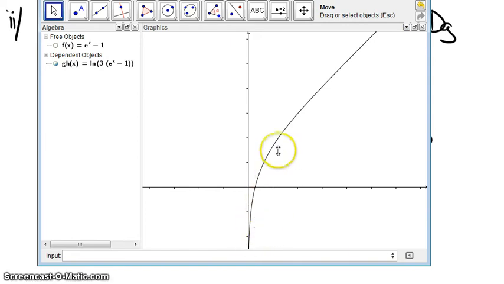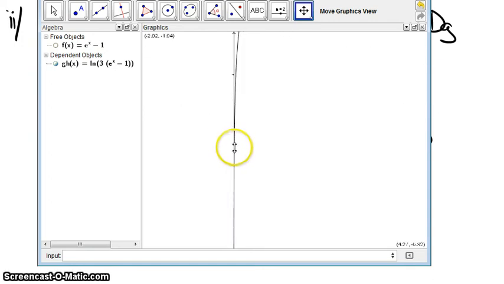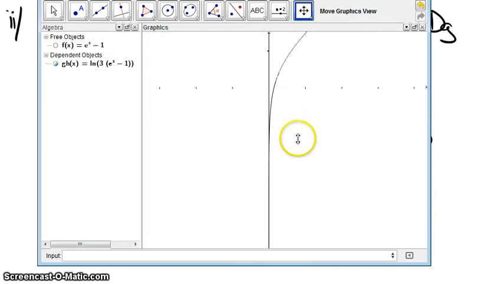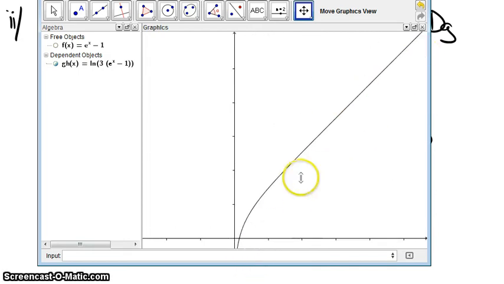What you can see is that this graph goes all the way from negative infinity, and you can see that it's going down there if I zoom in. It's just going to keep going lower and lower. It's never actually touching the axis. So it goes all the way down to negative infinity, and it's growing linearly, but it is growing all the way to infinity.